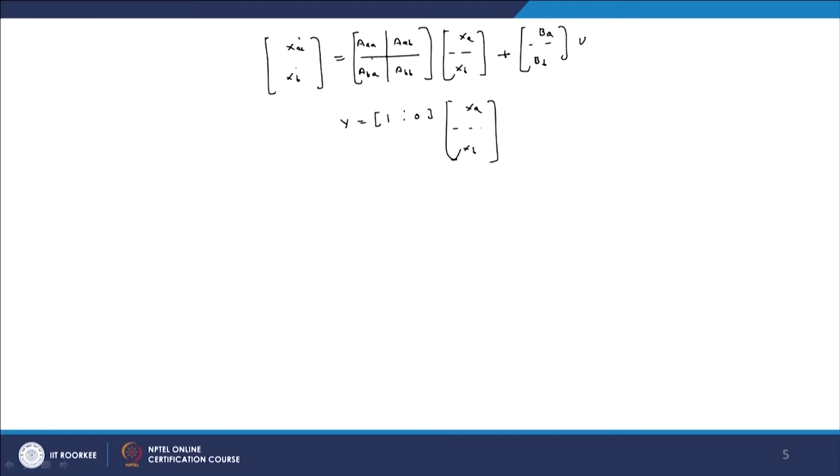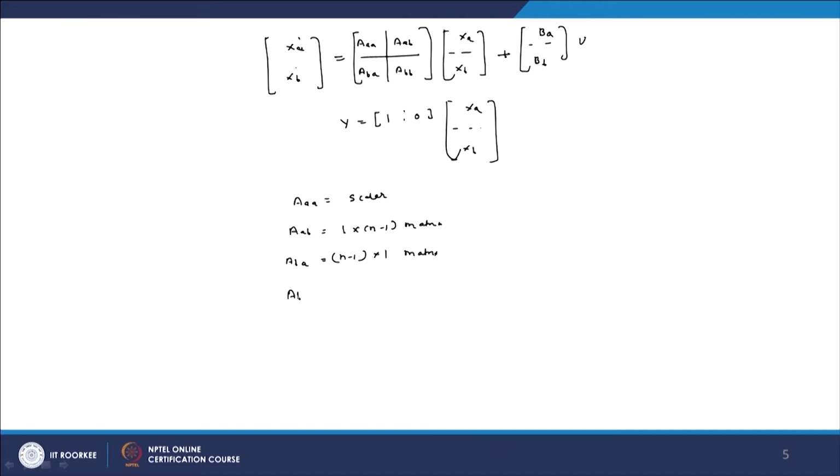Now, in this equation A AA is a scalar quantity and here A suffix AB is a quantity of 1 row and n minus 1 columns. Then A BA is written as an n minus 1 by 1 matrix.